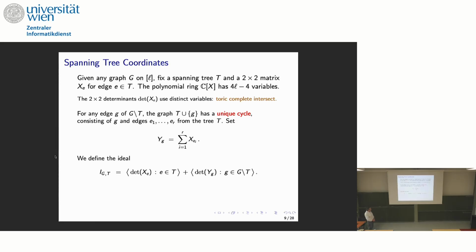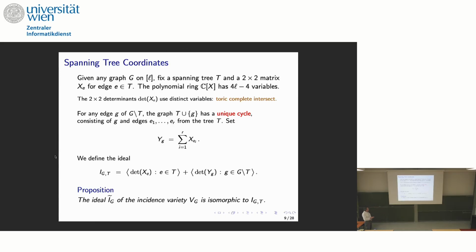Call that YG. Okay, so now in this polynomial ring, let's look at the ideal IGT. This depends on the graph and on the spanning tree. First of all, you throw in the 2 by 2 minors along the spanning tree, happily toric, but then you also throw in the determinants of these YG matrices for all other edges. By definition, it depends on the choice of spanning tree, but then the proposition says it doesn't.